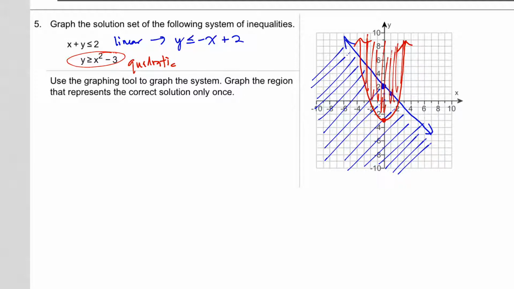And then the overlapping region would be all this right here. And it looks like that.